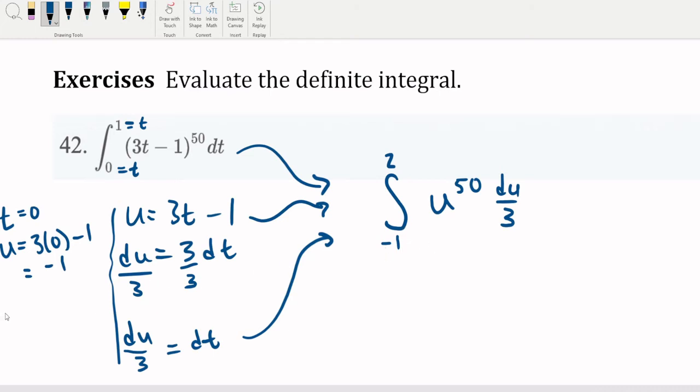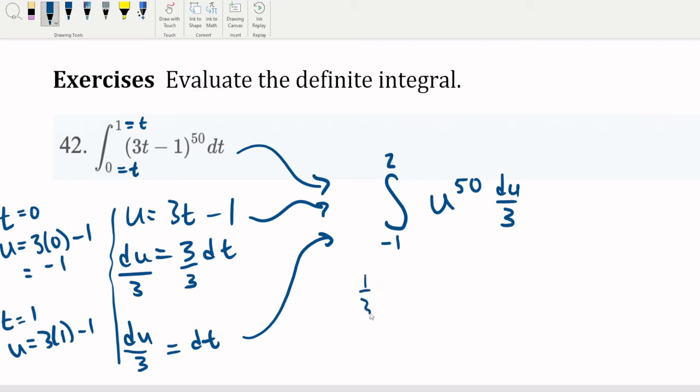Boom. And then we've got t equals 1. u equals 3 times 1 minus 1. That's 2. These are now u bounds. So I can just do this, I know how to do this integral. So let's move the 3 out.